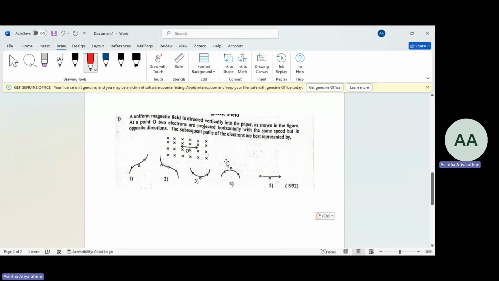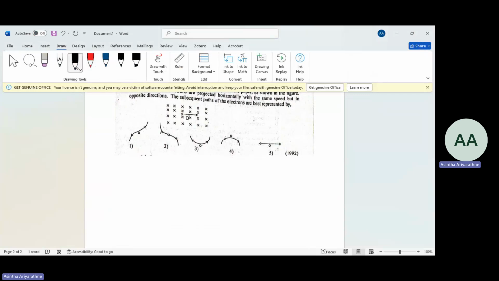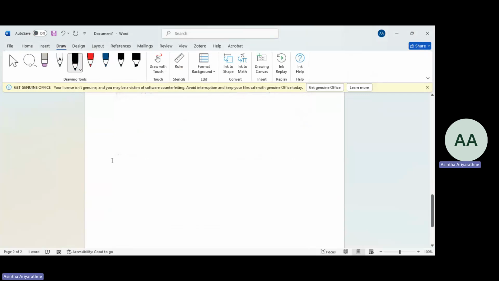Right, so here it is said a uniform magnetic field is directed vertically into the paper as shown in the figure at point O. The electrons are projected horizontally with the same speed but in opposite directions. Subsequent paths of the electrons are best represented by which option? The magnetic field is into the whiteboard.